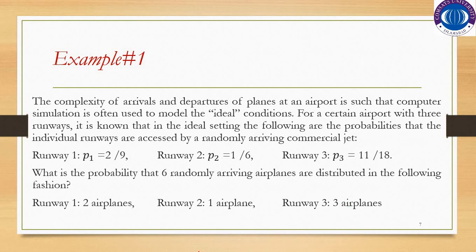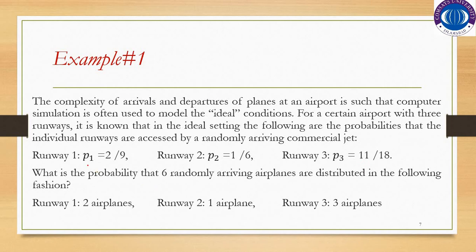So we have 3 runways, runway number 1, runway number 2, and runway number 3, and the arrival probability of a commercial jet at runway number 1 is 2 by 9, at runway number 2 is 1 by 6, and at runway number 3 is 11 by 18.